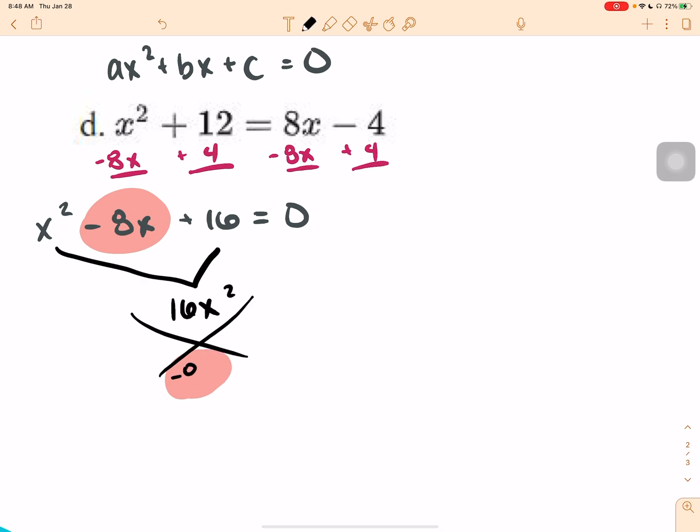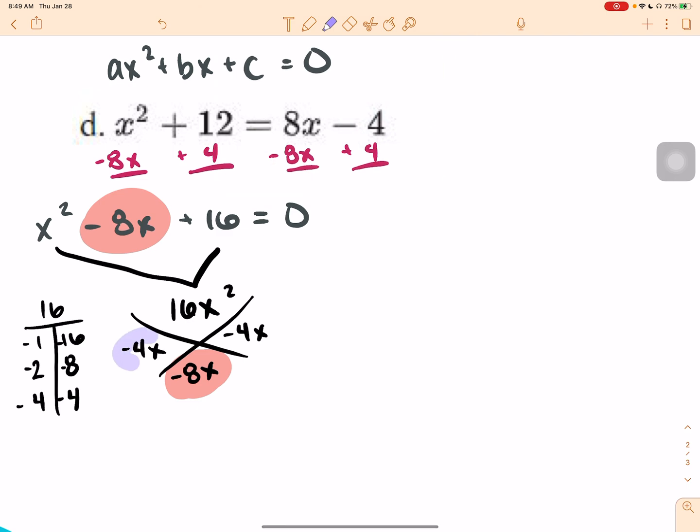So for 16, I know 1 times 16 is 16, 2 times 8, and 4 times 4. 4 plus 4 is 8, and then if we change these all to negatives, because negative times negative is a positive, negative 4x plus negative 4x is negative 8x. So that works very nicely. And negative 4x times negative 4x is positive 16.